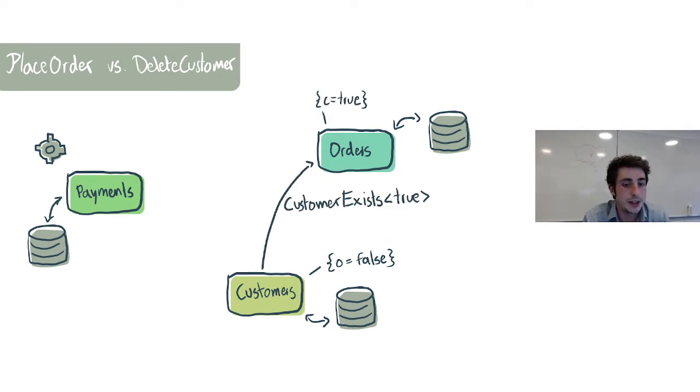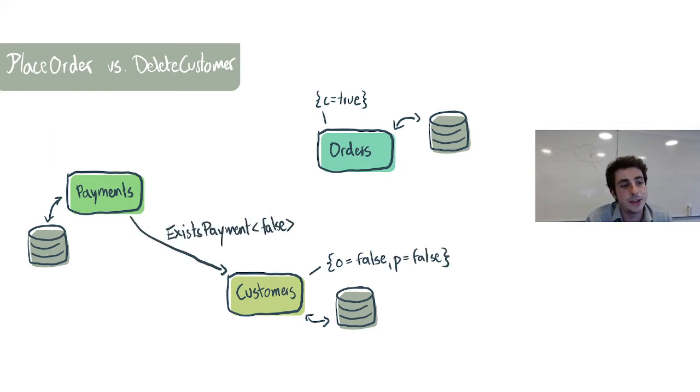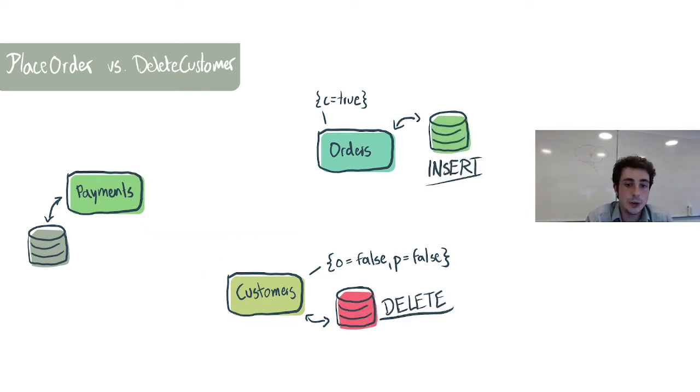And here we get an answer: yes, indeed, at the moment the customer does still exist in the database, so we save that also locally. Then the payments microservice processes the request and says, no, there are no payments for our customer. So now we are in a state where we have locally saved that the customer exists, and that there are no orders and no payments.